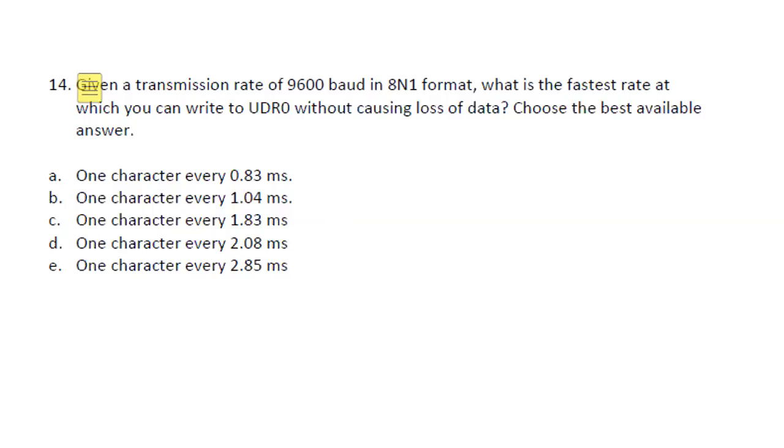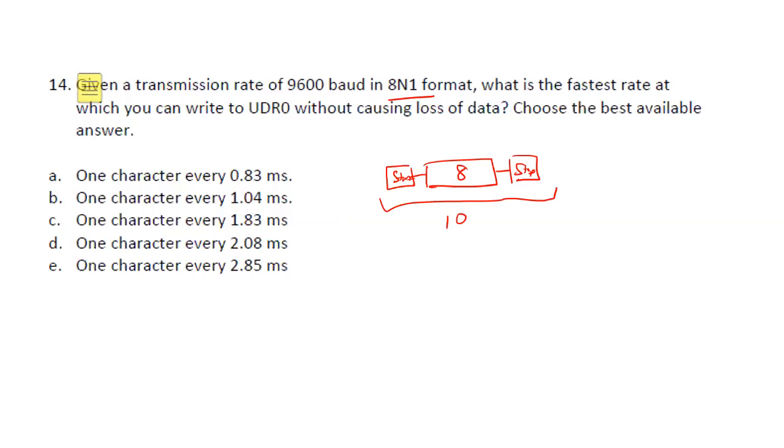So one complete data packet takes up 10 bits. Since I am operating at 9600 bits per second, if I divide it by 10, that gives me 960 characters per second.